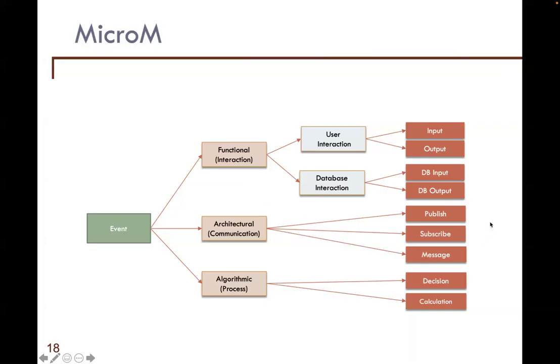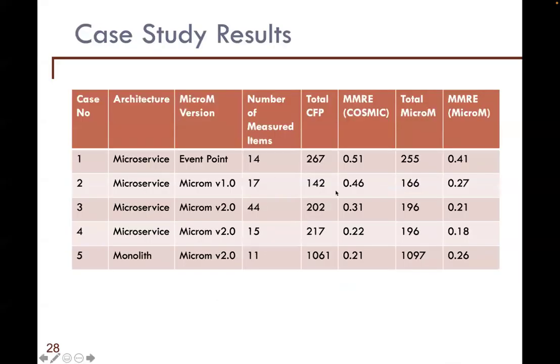We also count publish and subscribe kinds of events as well. So this is the main difference: the event concept is more generic and can be applied to all types of architectures.